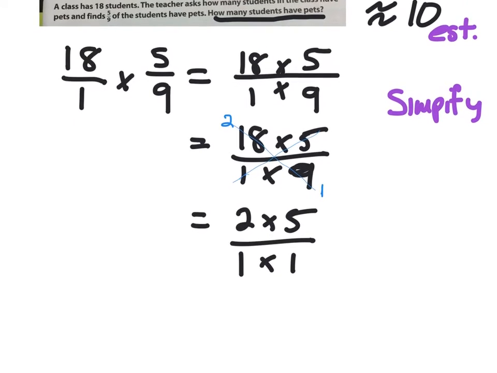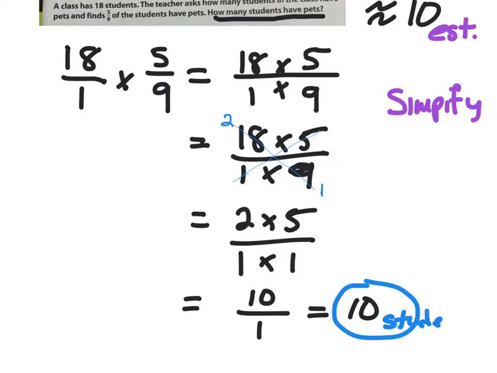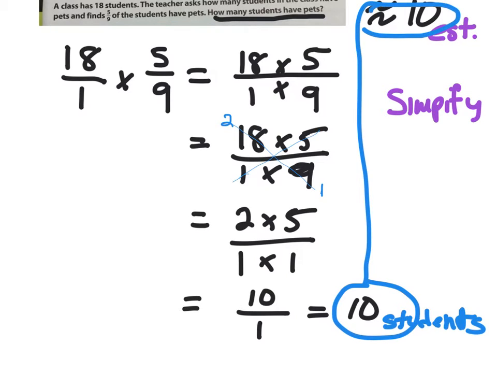I want to keep 10 in there if I can. Okay, and then I'm going to go 2 times 5 is 10, and 1 times 1 is 1, so it equals 10. And then I'm going to look at my answer. So this is 10 students, I think. Students, and then I'm going to check with my estimate, which is actually a very accurate estimate.